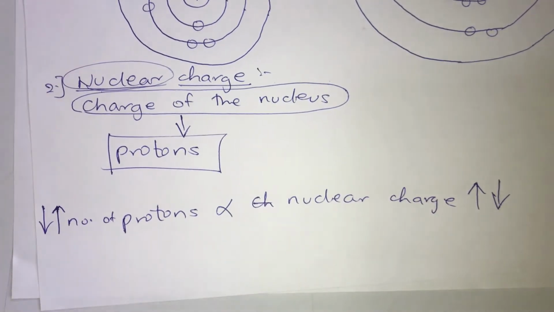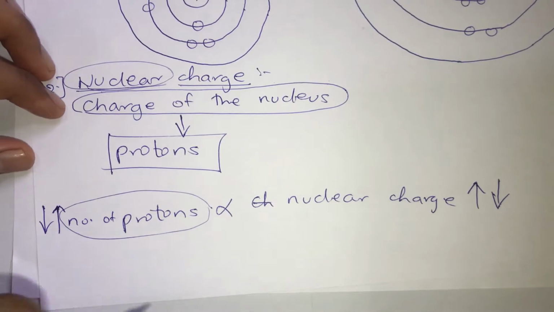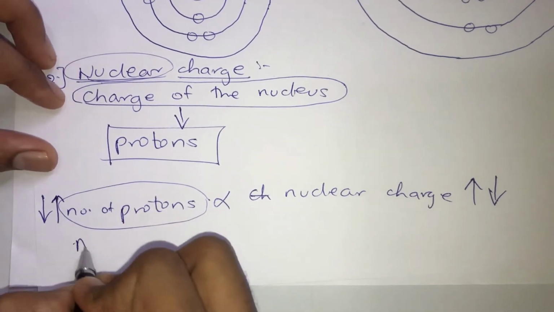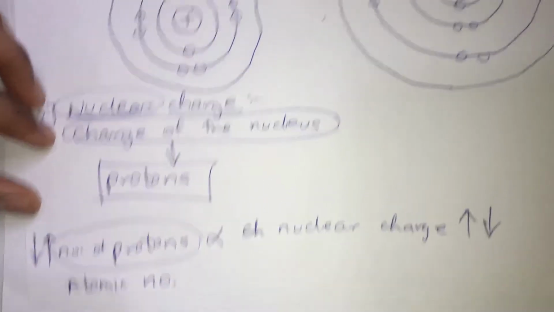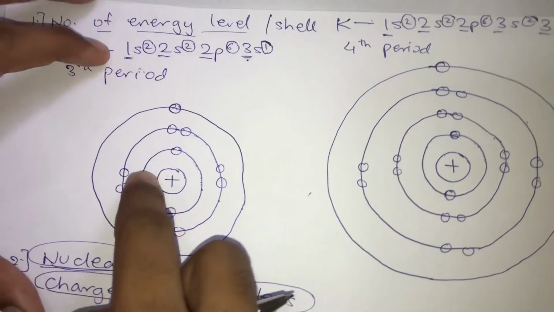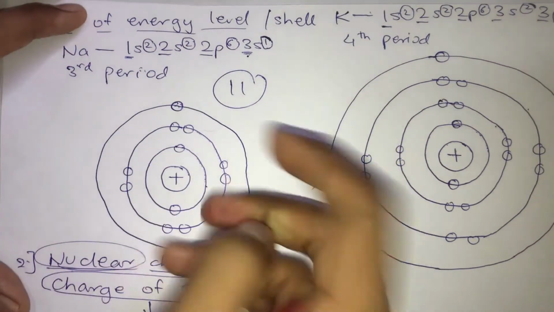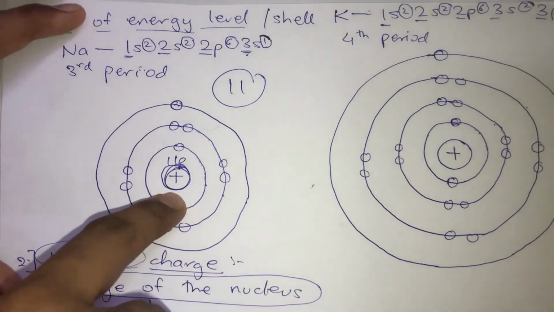And if I ask you one question, how do you get to know the number of protons present inside the atom? This number of protons is nothing but the atomic number. So if the atomic number of this particular sodium is 11, it means that there are 11 protons present inside this nucleus.